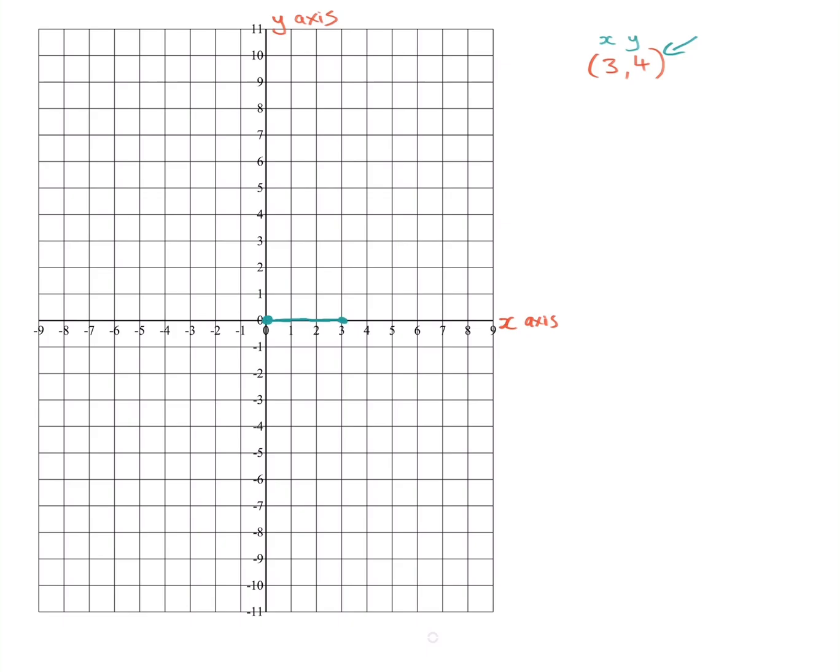It's plus 4, which means we're going up. If it's plus, we're going up. If it's negative, we're going down. So we go up from here all the way until we are level with 4. See how we're level with 4 on the Y axis? Now we have found our point. This is the point 3 and 4.